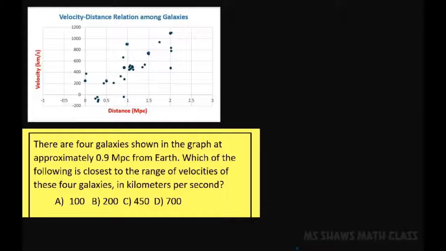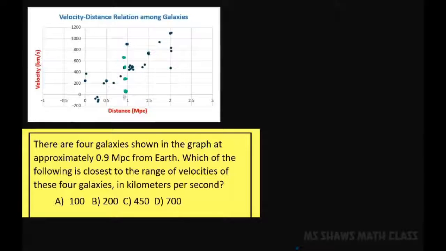All right. The next part, it says it shows 4 galaxies approximately 0.9 megaparsecs from Earth. So basically we're right about here. I'm going to erase this one. And it's right here. So the 4 galaxies they're talking about are this one, this one, this one, and this one.